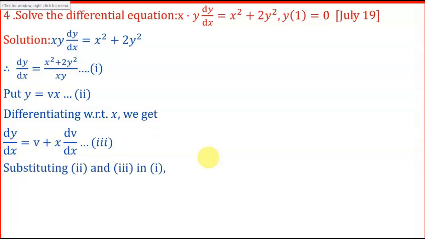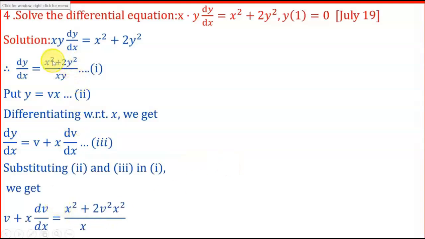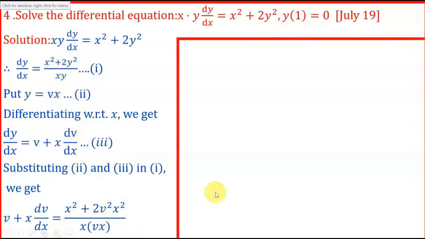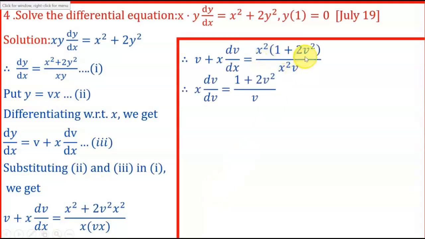After substituting these values in 1, you will have v plus x into dv by dx is equal to x square plus 2 (what is y? y is vx) v square x square, again xy is vx square. Take x square common from the numerator and the denominator. Then x square will get cancelled from the right hand side.